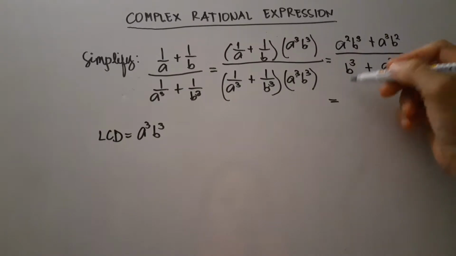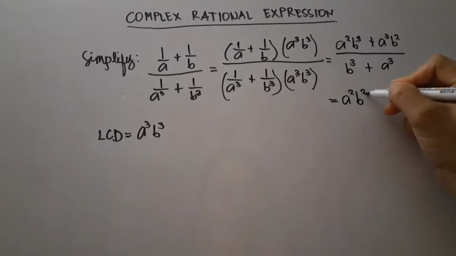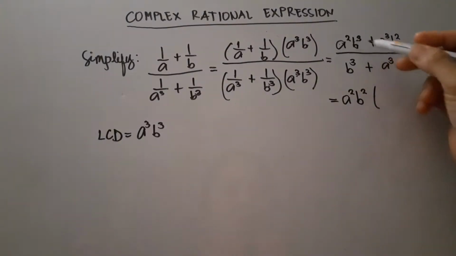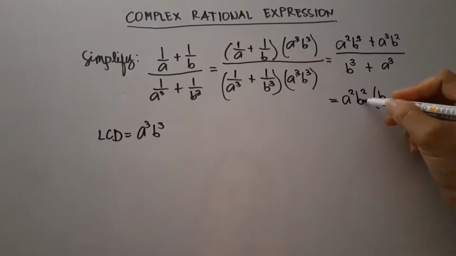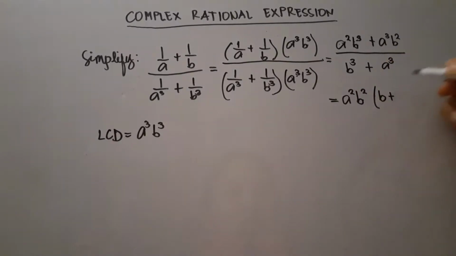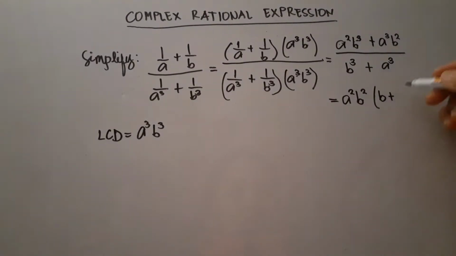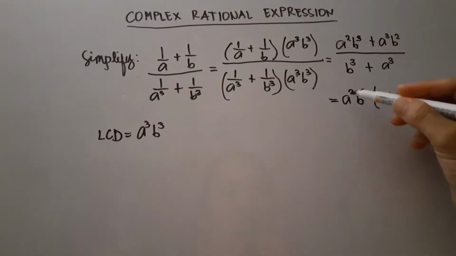Since this is a sum, we can factor out a squared b squared, then we have the quantity: b, because b times b squared becomes b cube, then from the second term, we have a, since a times a squared becomes a cube, then b squared times 1 becomes b squared, so this is our factor.